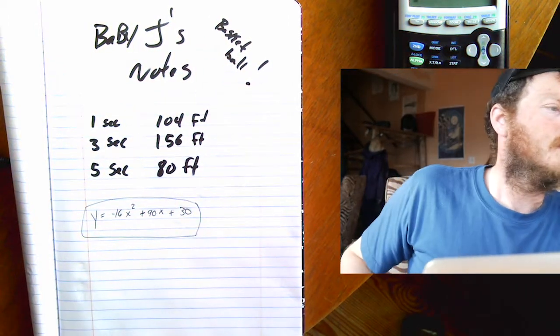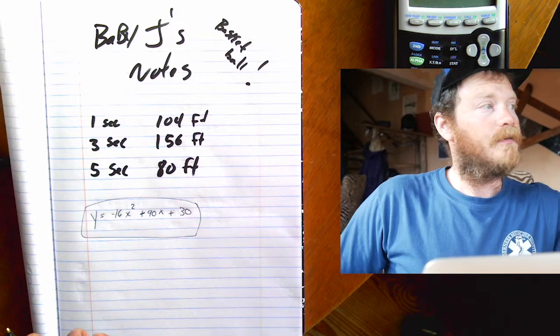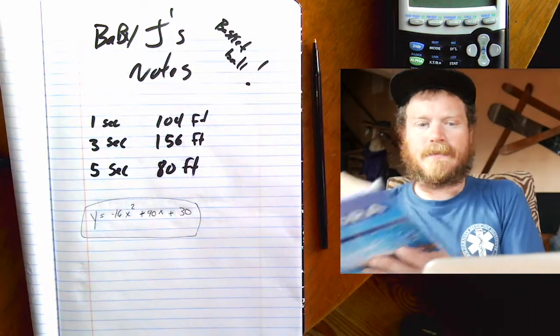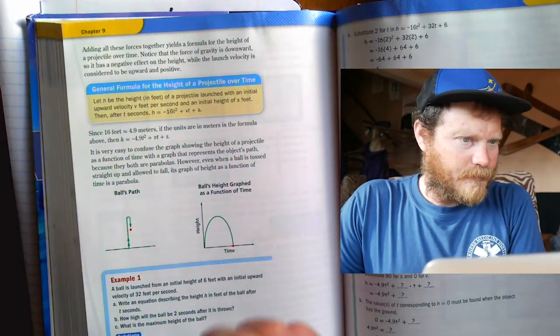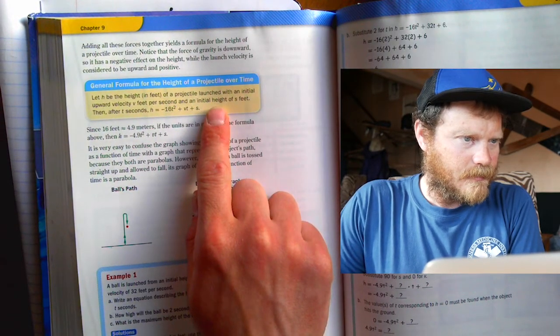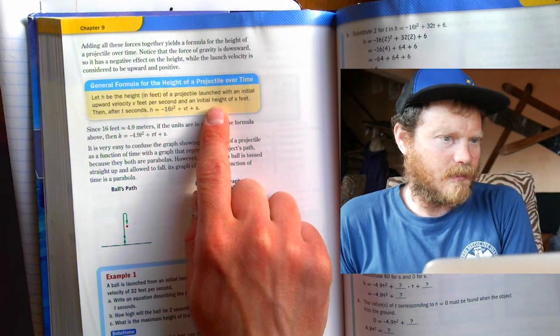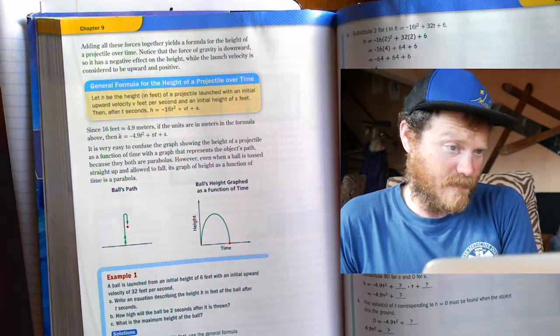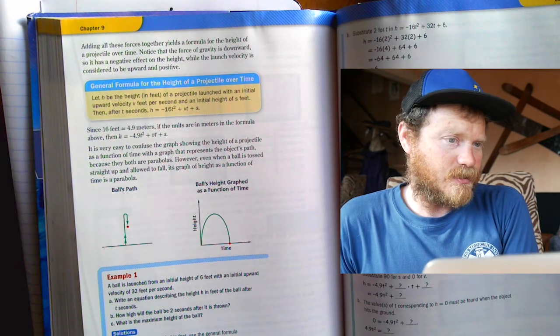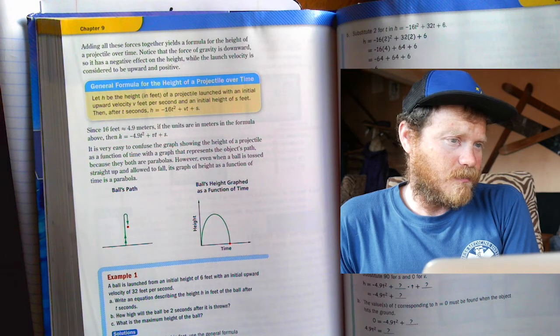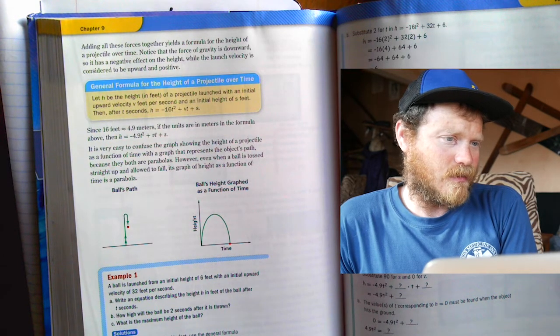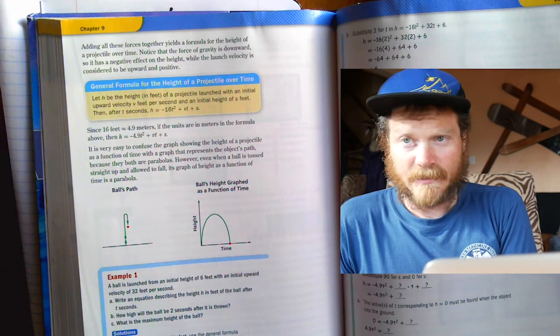And this is a wonderful formula. If you dig into your book somewhere, you might find it as the general formula for the height of a projectile over time. Let h be the height in feet of a projectile launched with an initial upward velocity v feet per second and initial height of s feet. Then after t seconds, h equals negative 16t squared plus vt plus s.